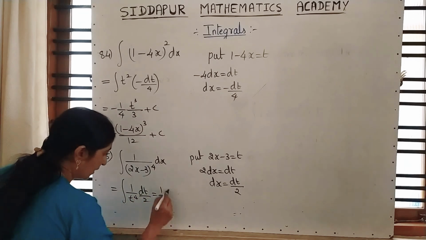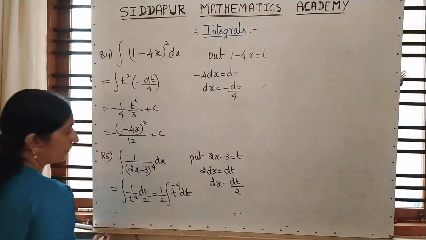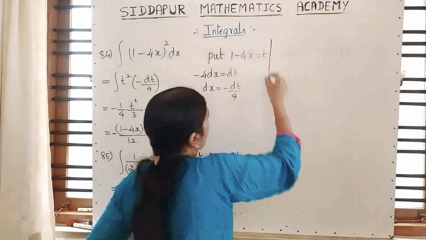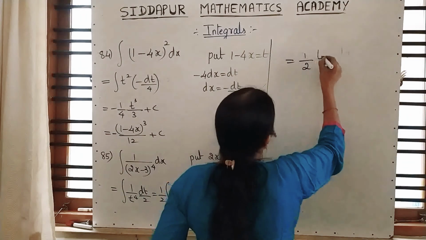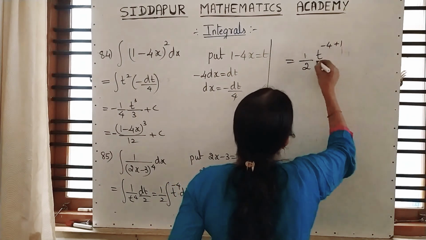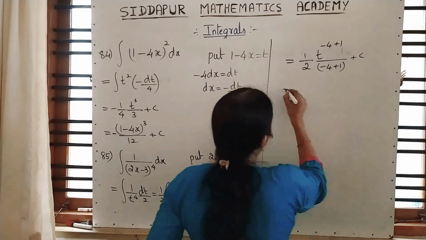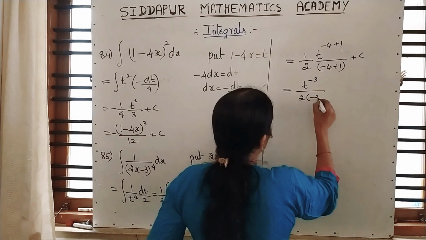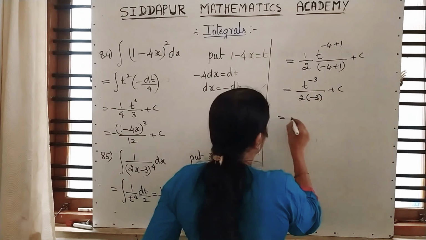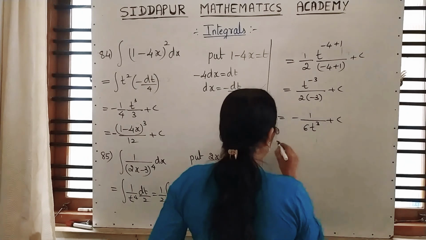That I am writing like this because that is in the denominator. Minus 1 by 6 t cube. Write down the t value.